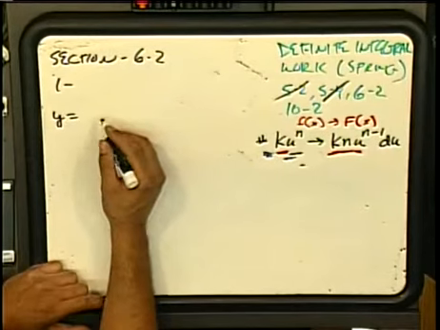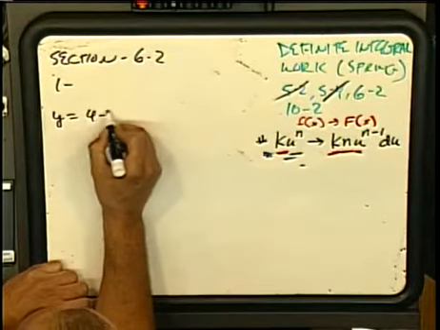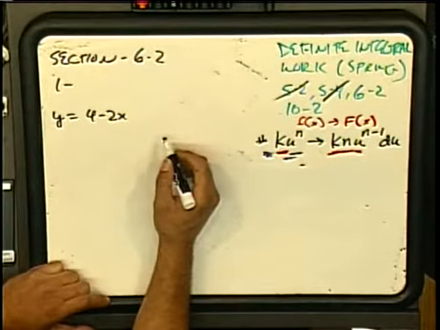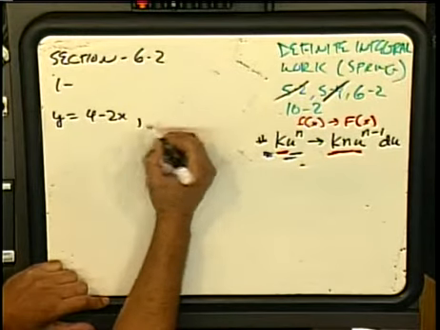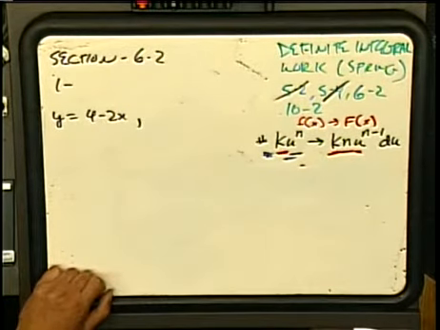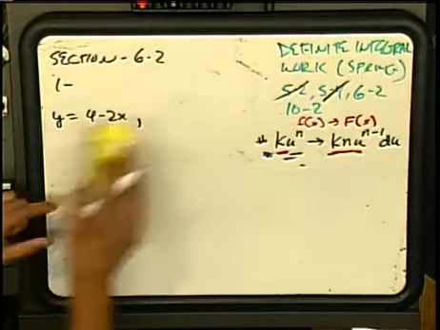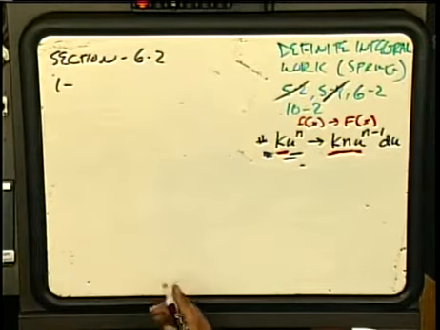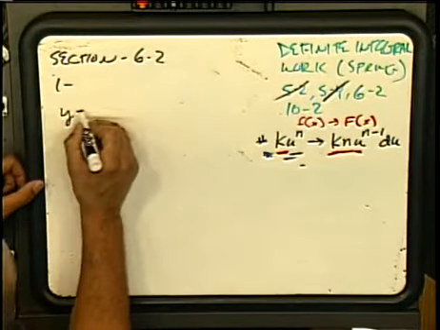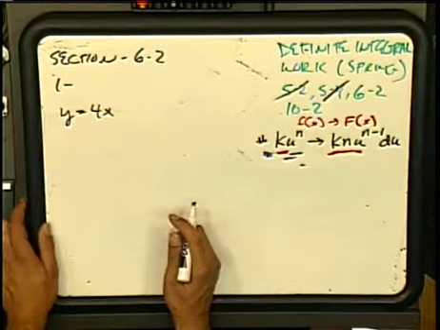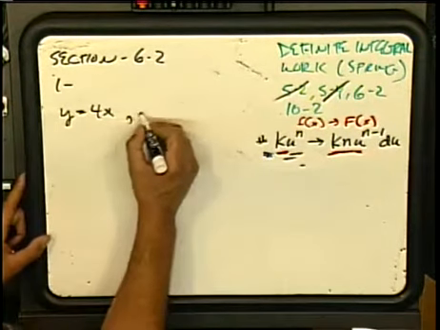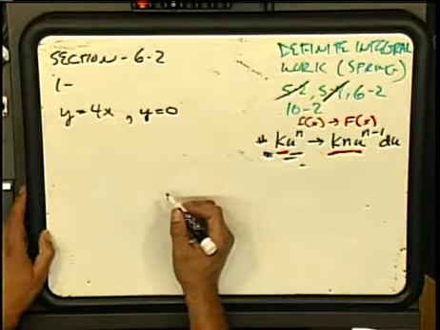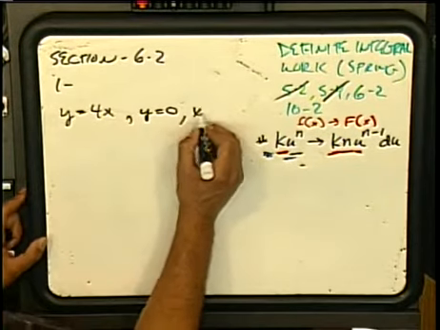Y equals 4 minus 2x. Oh, this is number 2? Okay, I'm sorry. Y equals 4x, and y equals 0, and x equals 1.